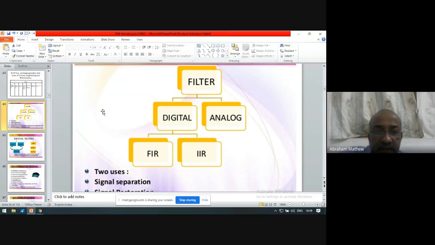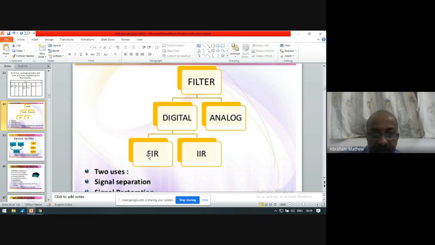In DSP, I said we are using filters. This is exactly digital filter. In digital signal processing, if you want to filter out, we have to apply digital filter. Analog filters cannot be applied in this area. So mainly there are two types of digital filter.